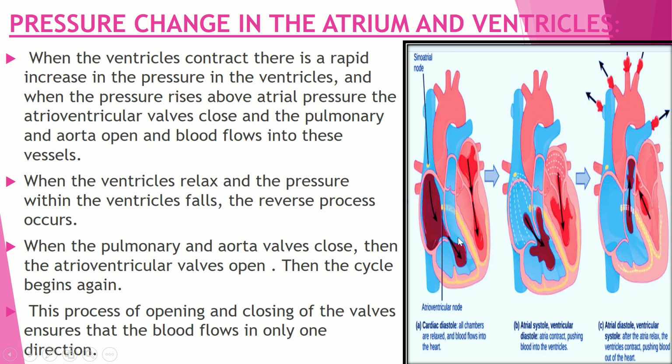So at that time, the aorta and the pulmonary valves are opened, and the atrioventricular valves are closed. Okay, so when the ventricle relaxes, the pressure within the ventricles falls and the reverse process occurs: the pulmonary and the aorta valves close, and then the atrial and the ventricular valves open, and the cycle begins.